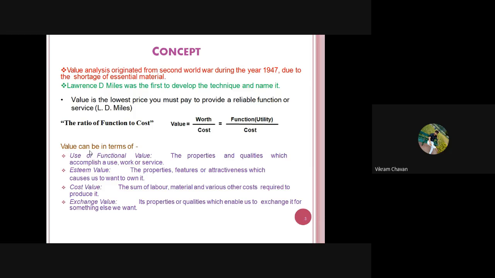If you purchased any product in 2000 and you want to check its valuation in 2020, it may be higher than the cost in 2000, or it may be lower.